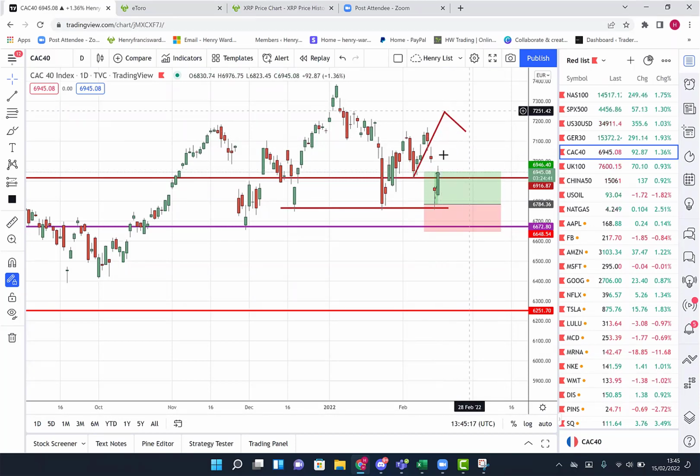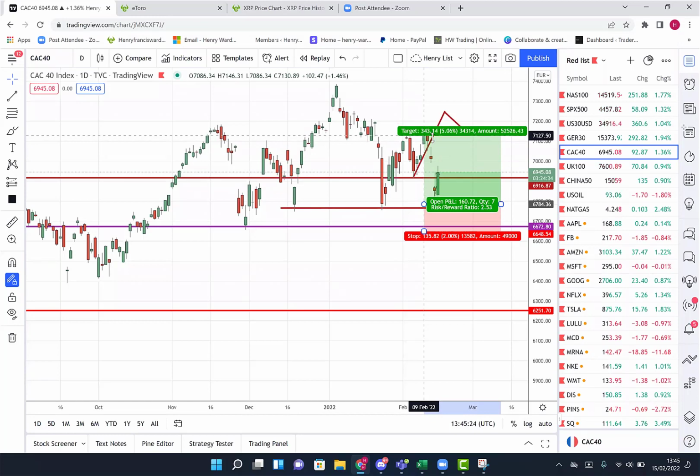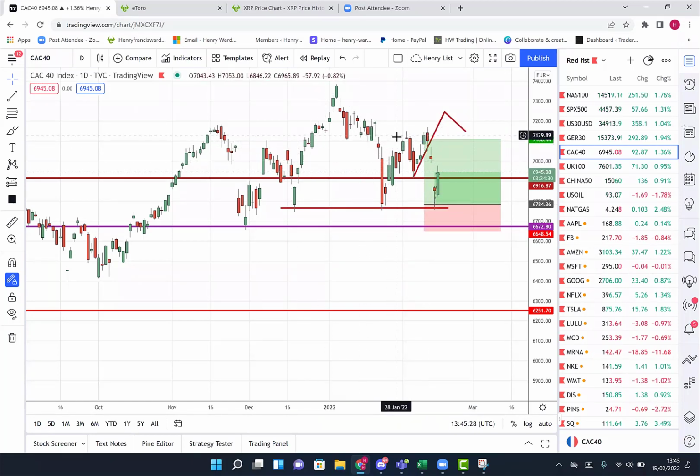Now, again, how far is this going to go? I have no idea, but we would look probably to be out of the trade before there. So see that level there? These two here, they haven't made much of a higher high. So we'd want to be looking right on the body of this top. So I want to be getting out at that particular point if I was looking to take this trade.